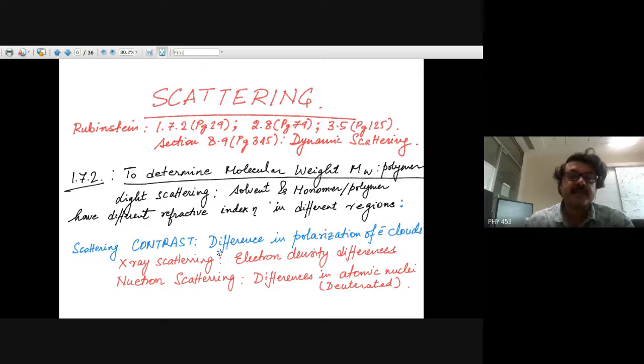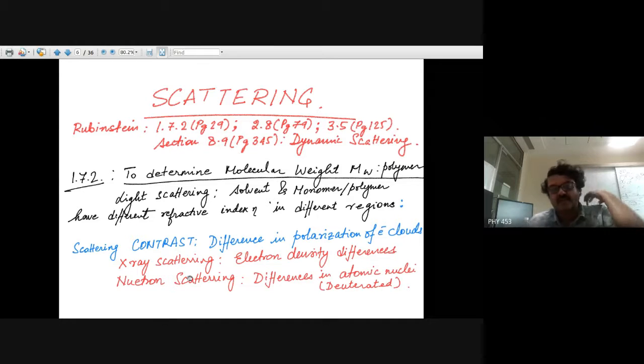Though I shall pretend that I'm always talking about scattering of light, that's how the discussion shall begin. Please understand that as you go to smaller length scales, there could be X-ray scattering, where the origin of the scattering contrast is going to be different, or it could even be neutron scattering. And so again, the physics of the scattering will be different.